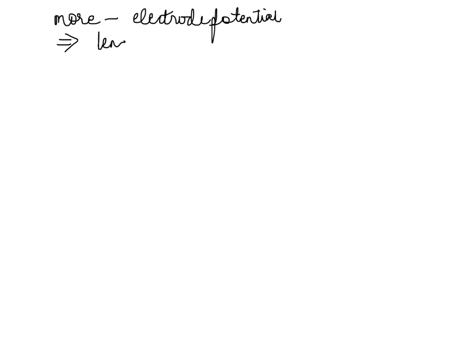So anytime you see a more negative electrode potential, let's write this down, that means that particular electrode has a tendency to undergo oxidation.